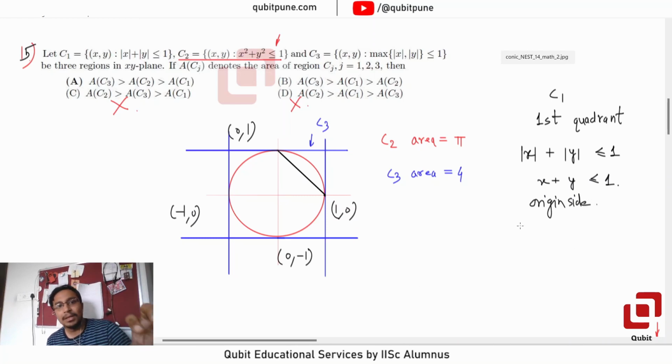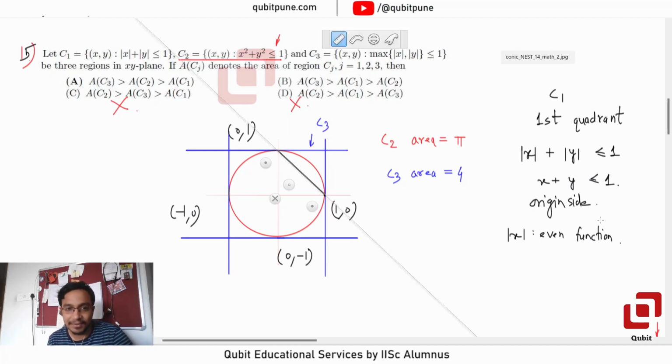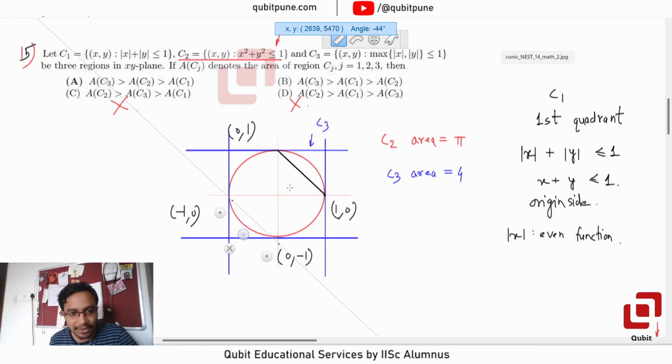Now please understand that modulus is an even function. And then we have both mod of x as well as mod of y, which means whatever curve we draw has to be symmetric about both the axes. So we are actually getting a smaller square here, a region like this.